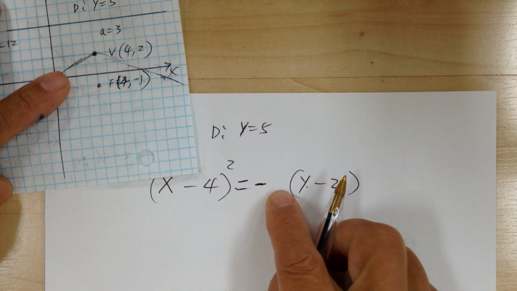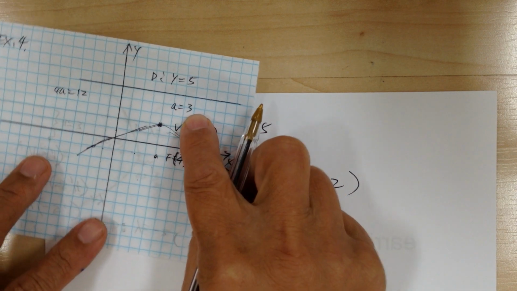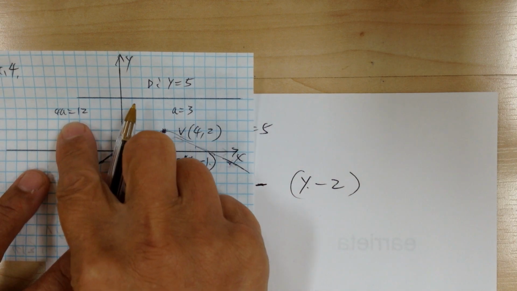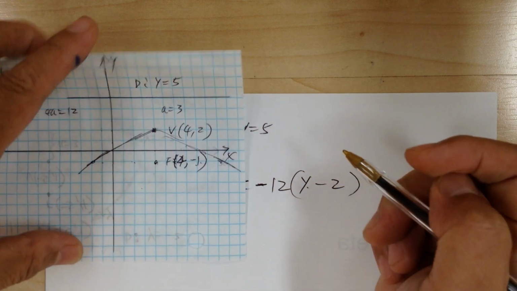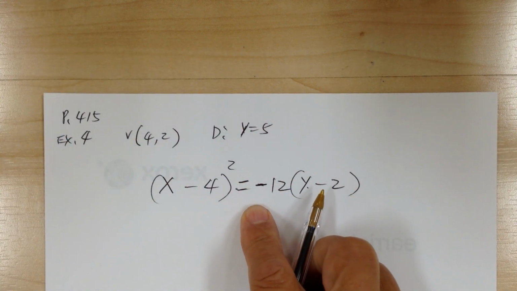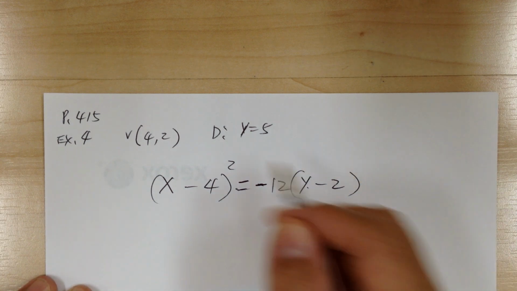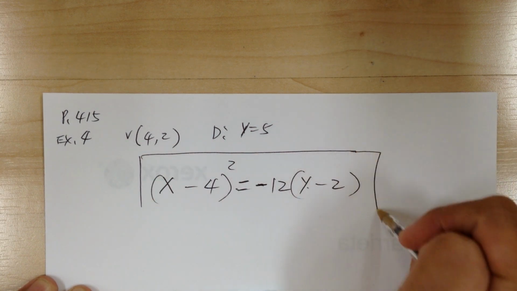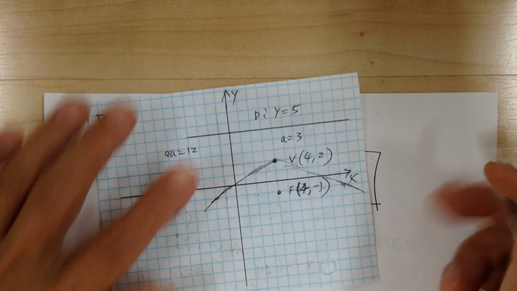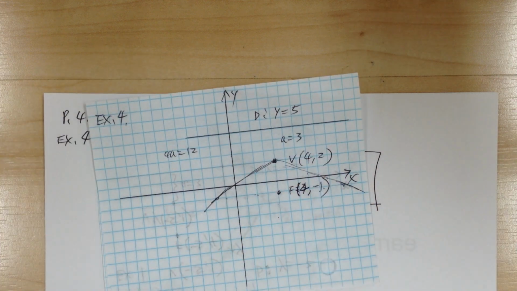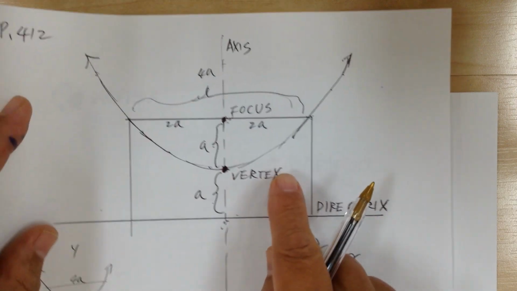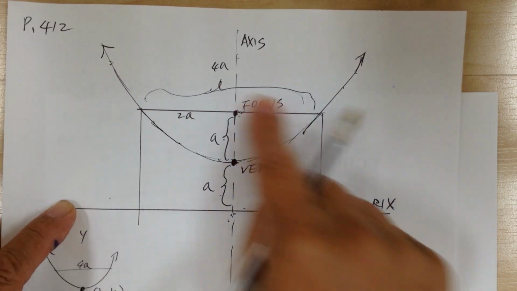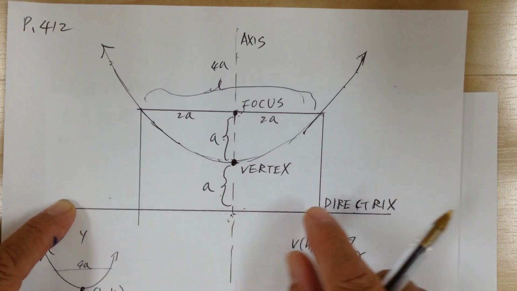Okay? And then over here is the 4a, so a equal to 3, and so 4a is 12, so put 12 over here, and that's your equation. Okay? And that's it. So make sure you sketch it out, and if you know the relationship between all the parts, you can get the equation. So make sure you're familiar with this picture over here, know where all the parts are.